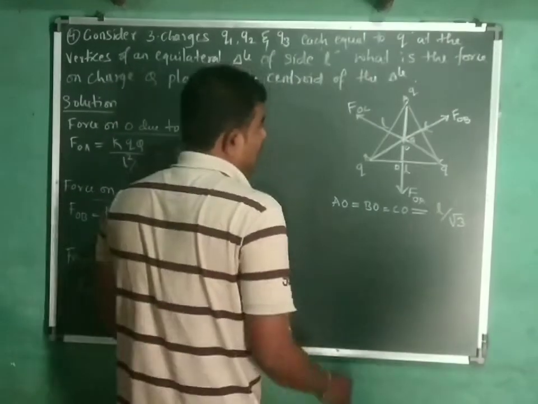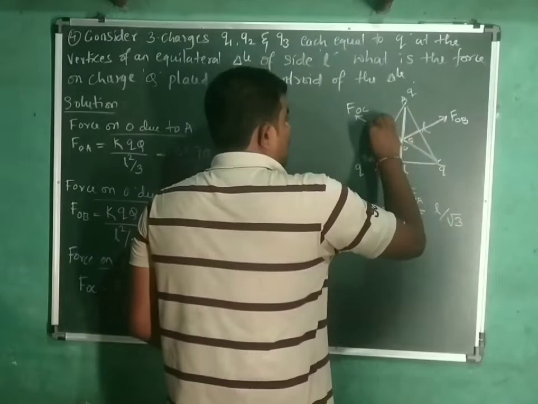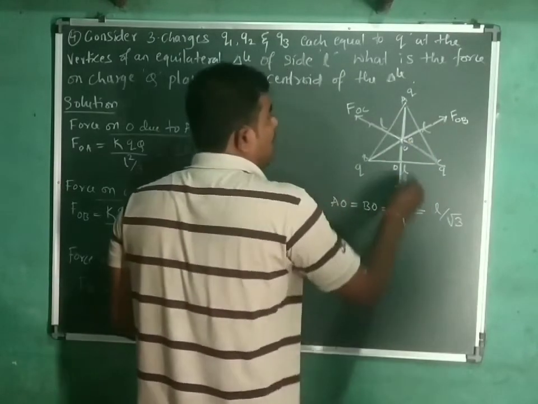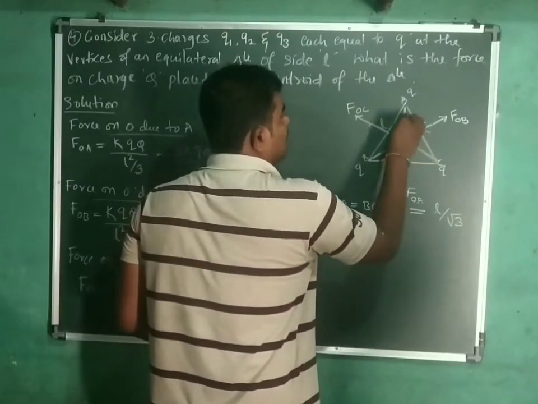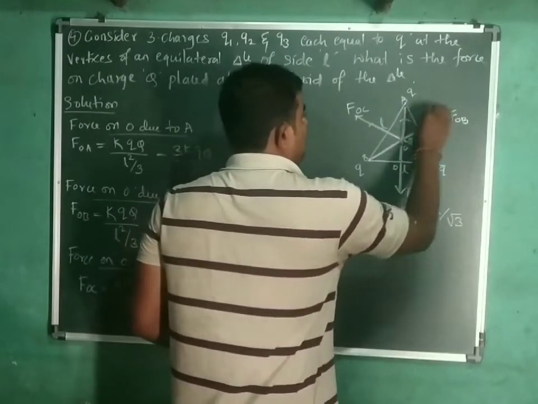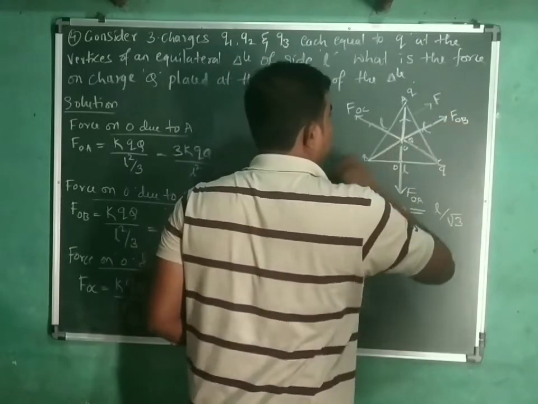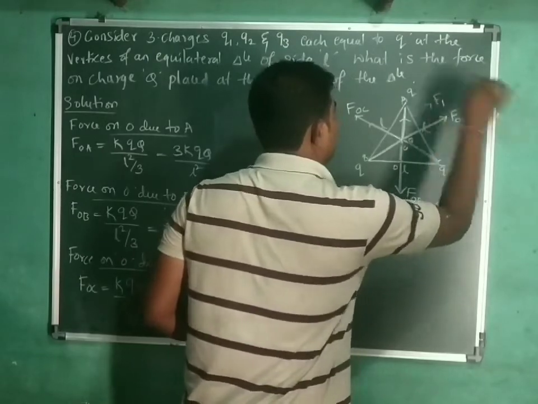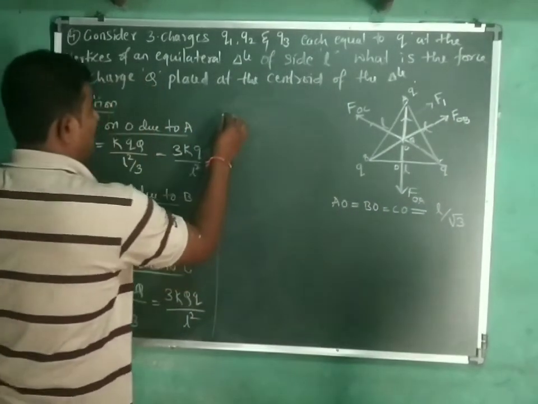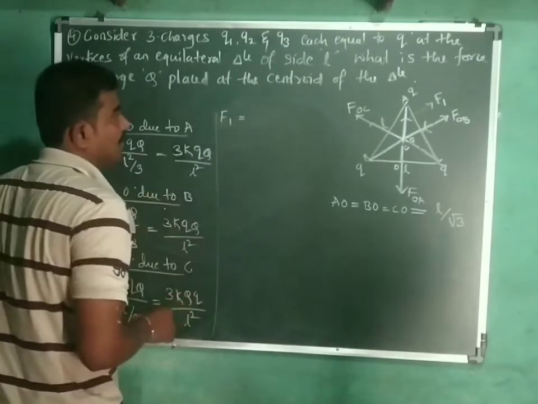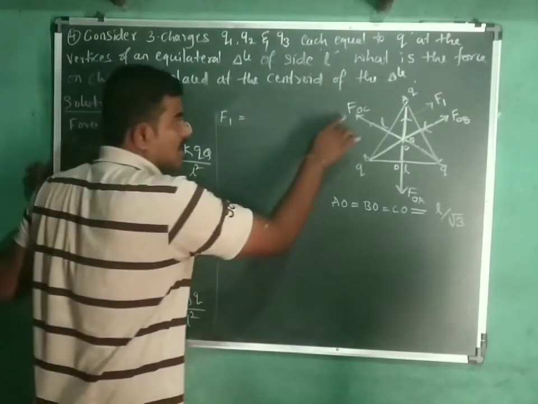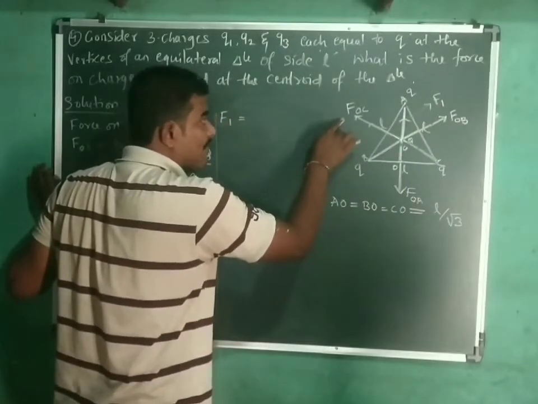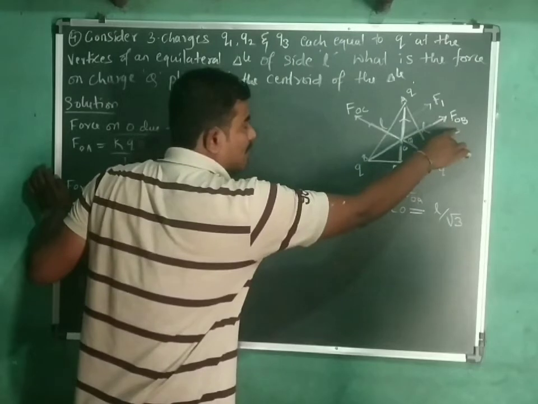But remember, this FOC and this FOB are acting in 2 different directions. By law of parallelogram, this is going to be the resultant. Let us call it F1. F1 is equal to, once again, under root FOC square plus FOB square plus 2 FOB FOC cos theta.